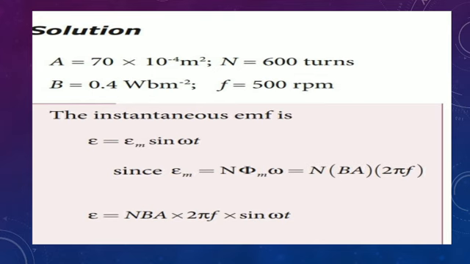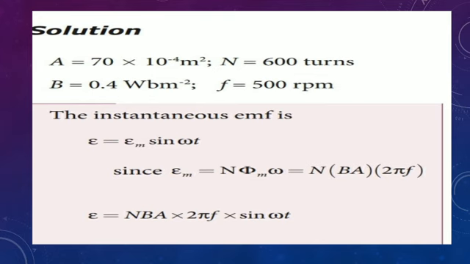Omega is nothing but angular velocity. If you are taking the frequency, frequency is nothing but omega by 2 pi. 2 pi is nothing but 360 degrees, because the coil rotates 360 degrees.